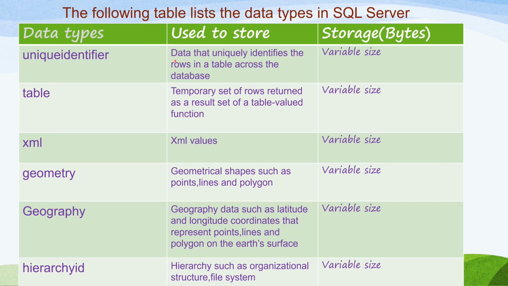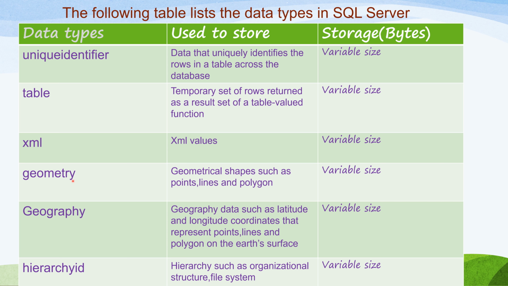It is used to store data that uniquely identifies rows in a table across the database, and its storage is variable size. This one is table. It is used to store a temporary set of rows returned as the result set of a table valued function, and its storage is variable size. This one is XML. It is used to store XML values, and its storage is variable size.